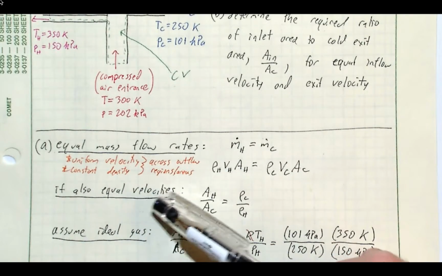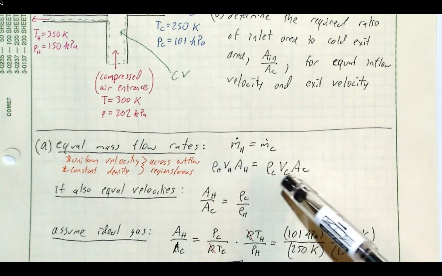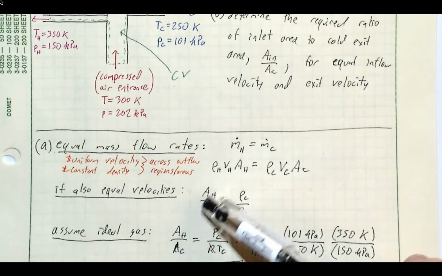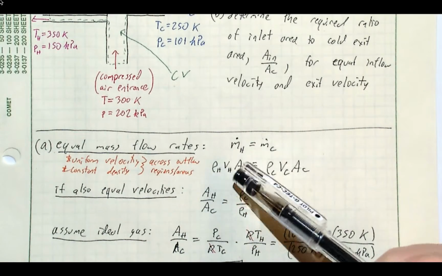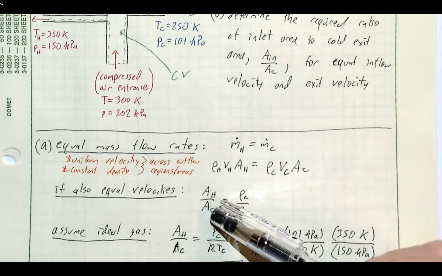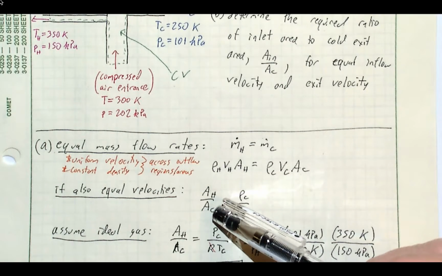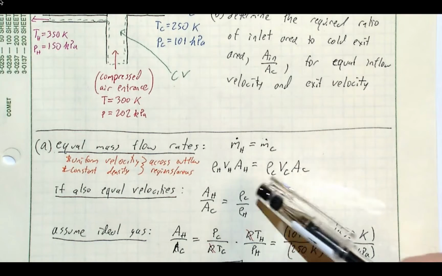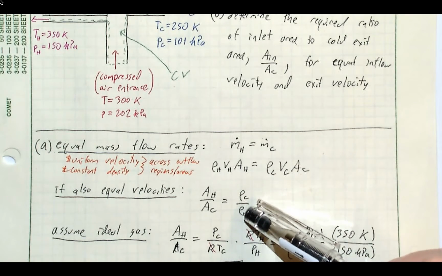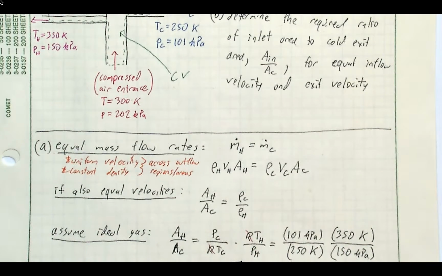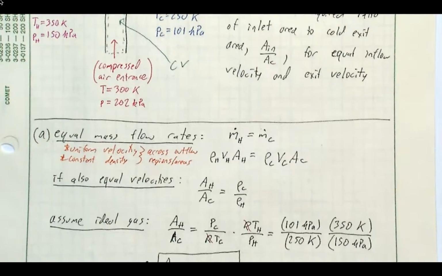We also then impose that the velocities are equal, so VH equals VC. Then we already have the form of the solution here: the area for hot over the area for cold, which is what was being asked in the problem statement, is just going to be the density of cold over density of hot. Well, here we're assuming ideal gas for the gases involved.